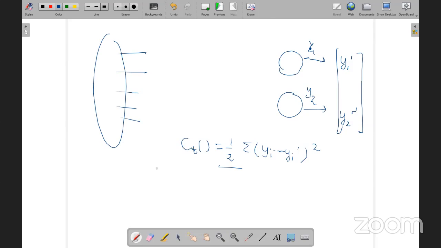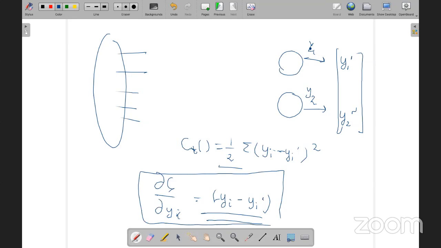So dC by dy1 would come out to be, the 2 canceled, and one of the terms will just vanish because of the partial derivative, and you will simply get yi minus yi prime. So this is for dC by dyi. I hope this is very easy to see.